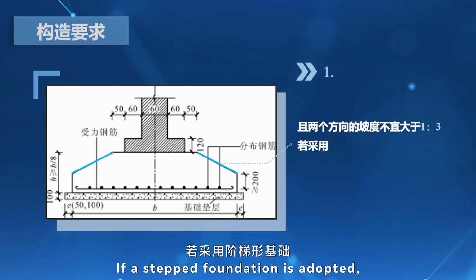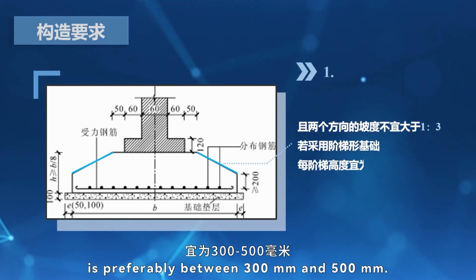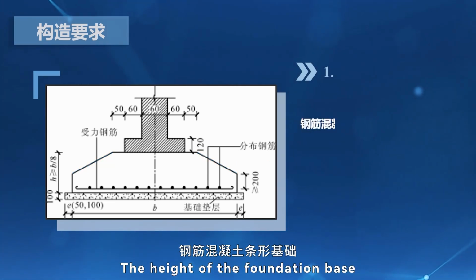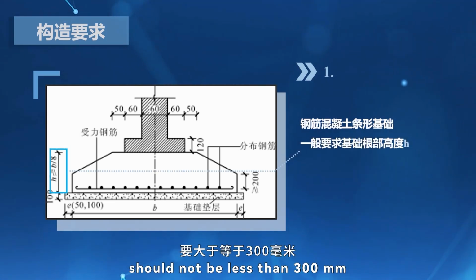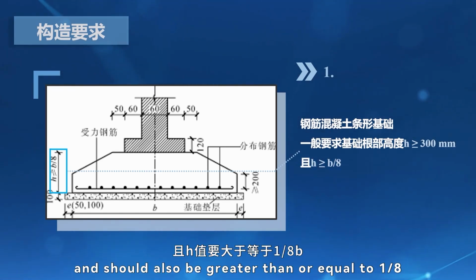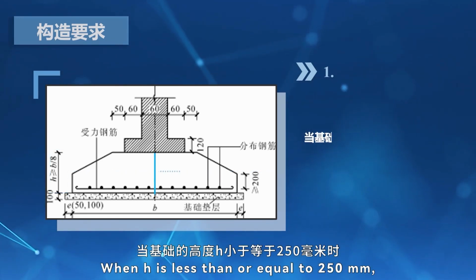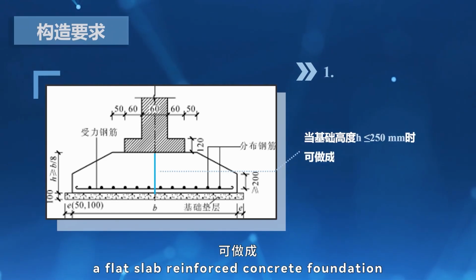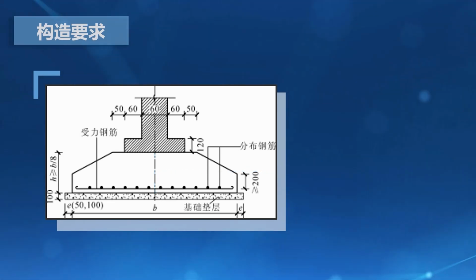If a stepped foundation is adopted, the height of each step is preferably between 300 mm and 500 mm. The height of the foundation base, denoted as H, should not be less than 300 mm and should also be greater than or equal to 1/8 of the foundation width B. When H is less than or equal to 250 mm, a flat slab reinforced concrete foundation of uniform thickness may be used. 2.